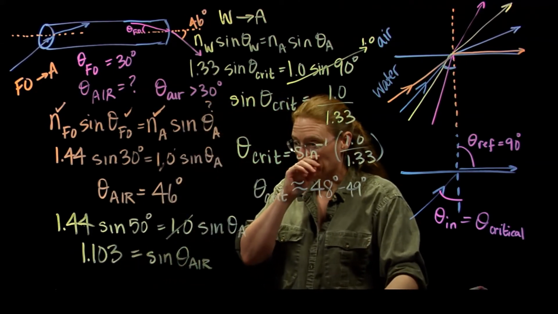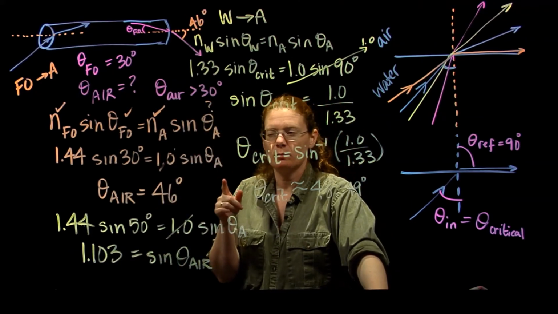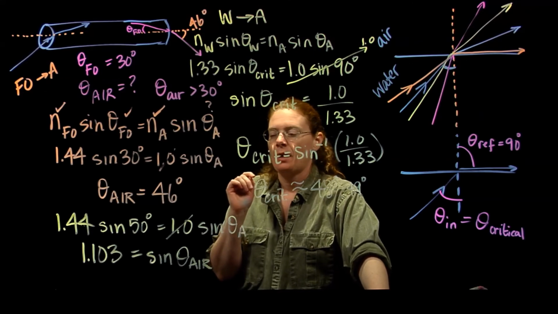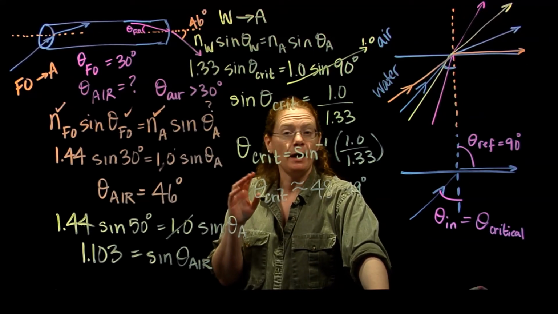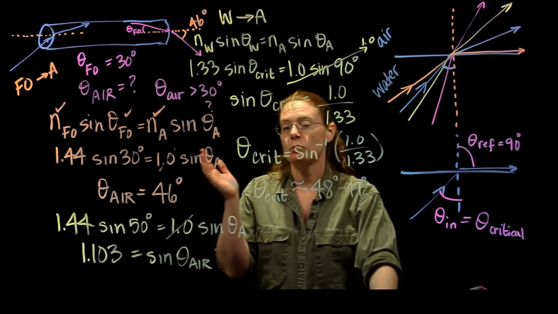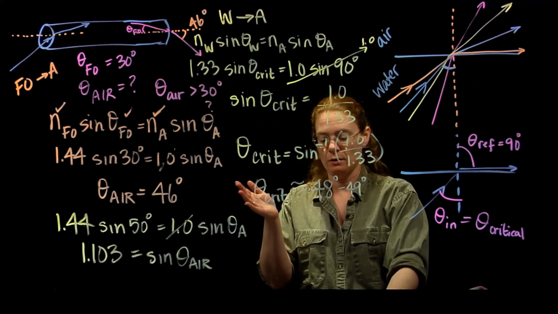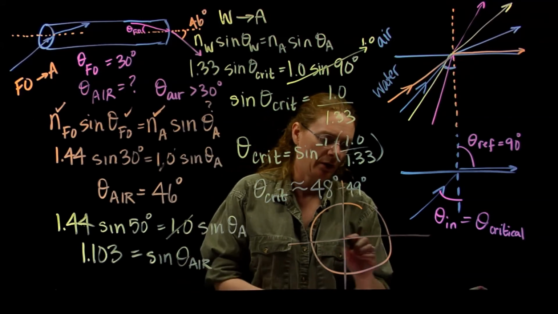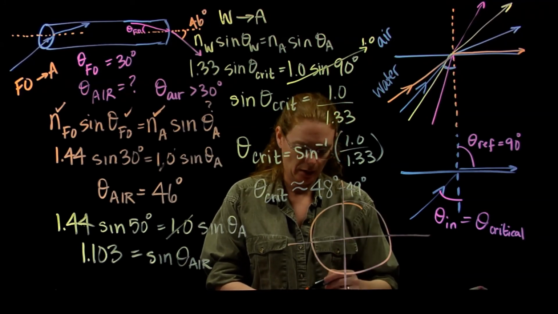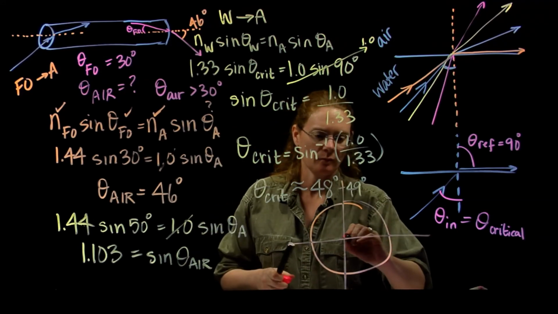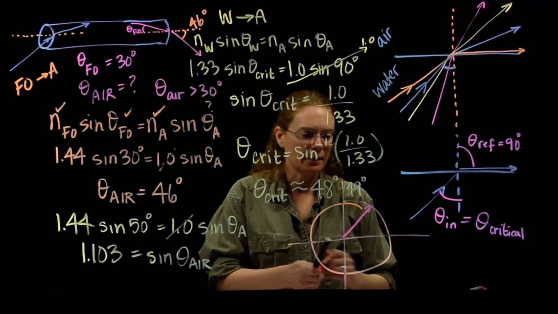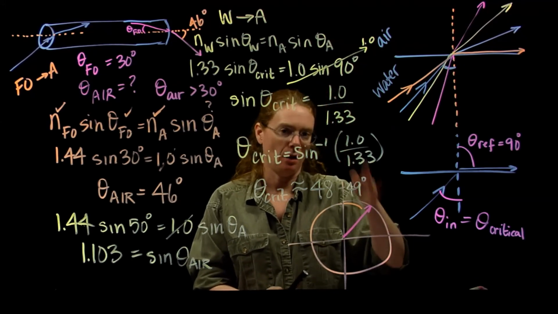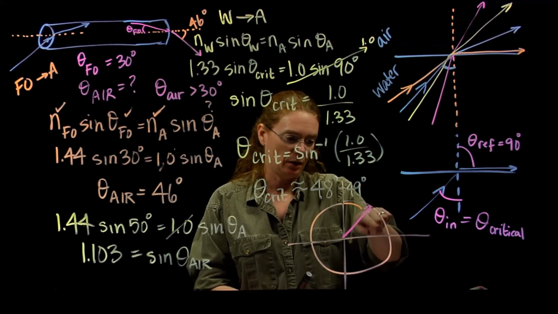And that's where your brain should say, wait a minute. The sine of any angle has to be between 0 and 1. Because if we've got our angles here, if we have some line like that, the sine is the vertical part of that triangle there.